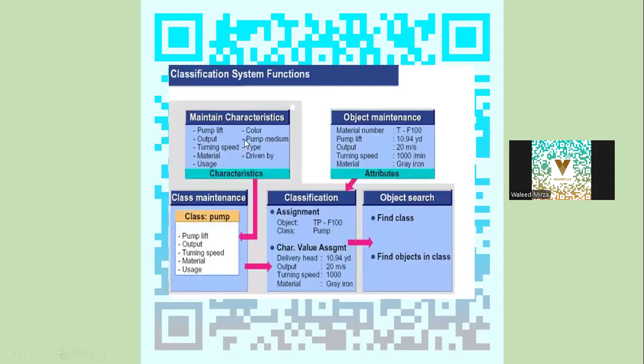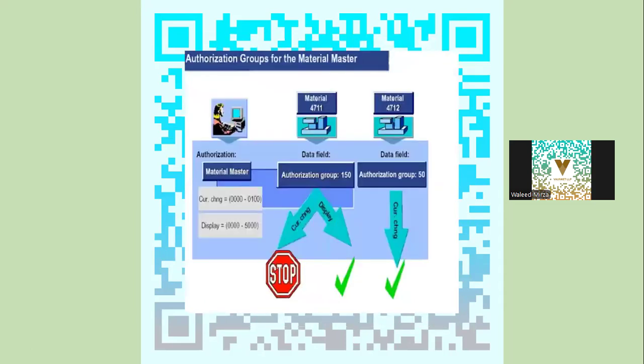Classification systems are nothing but segmenting different types of material master records. Here we have characteristics maintained for material master, which is used to define a pump. Material finding, yes, based on plant and code, you can find material based on its description also.